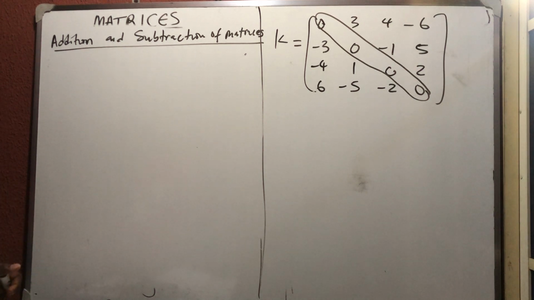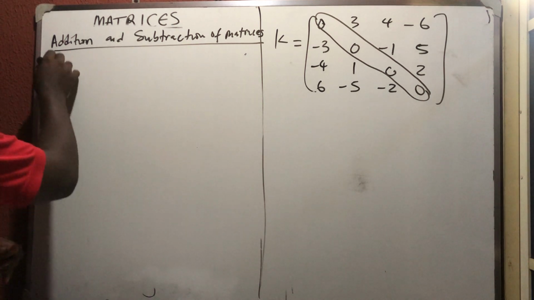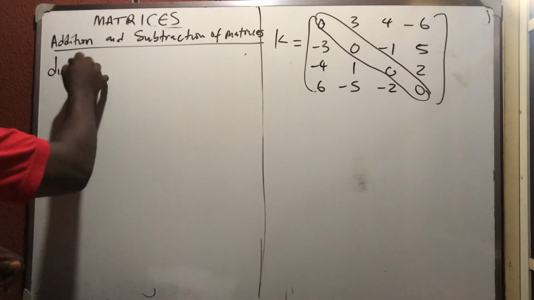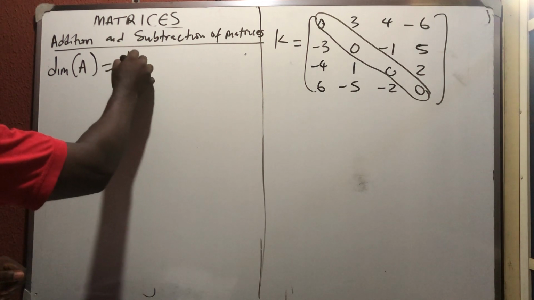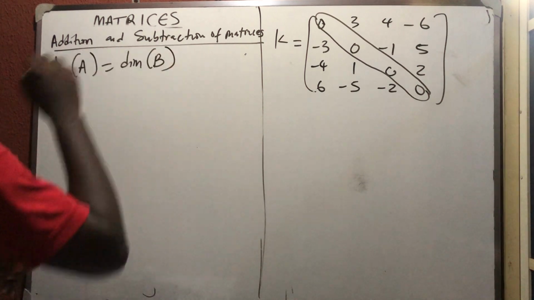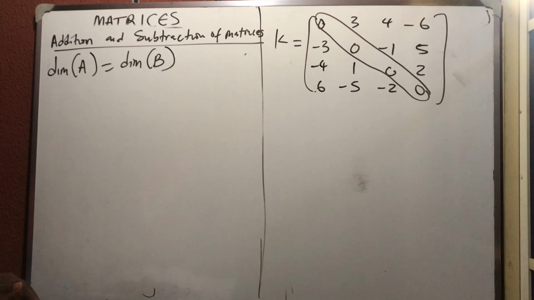In addition and subtraction of matrices, we add or subtract row by row and column by column. Before you can add or subtract matrices, they must be of the same dimension. In fact, the dimension of matrix A must be equal to the dimension of matrix B before they can add or subtract. Once their dimensions are not the same, they cannot add or subtract.